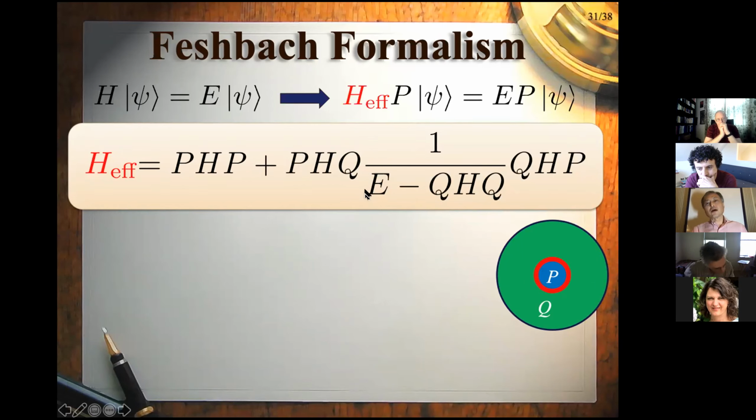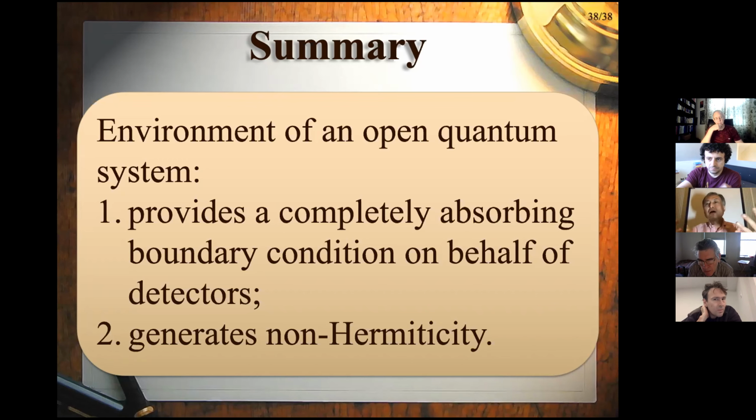So the random term effectively appears from the fluctuation from the environment, right? The random term appears because there is an implicit environment. So for example, Brownian motion. The Brownian particle fluctuates because there is an environment.